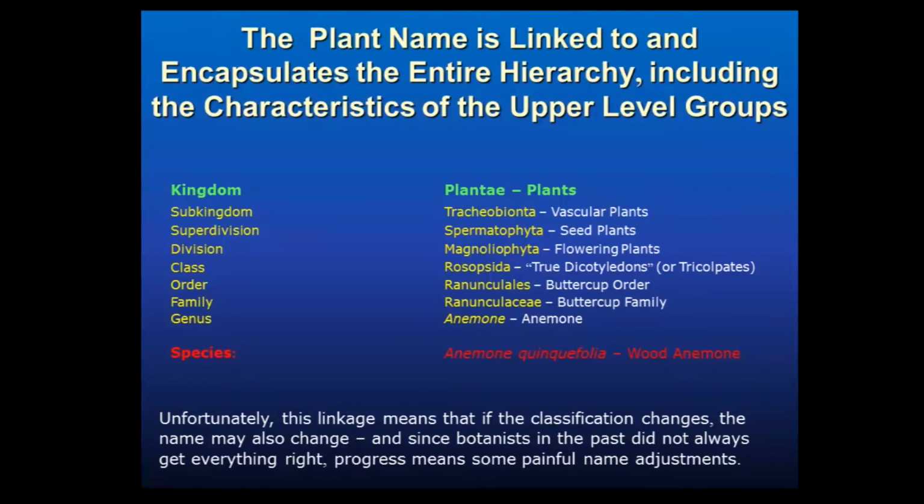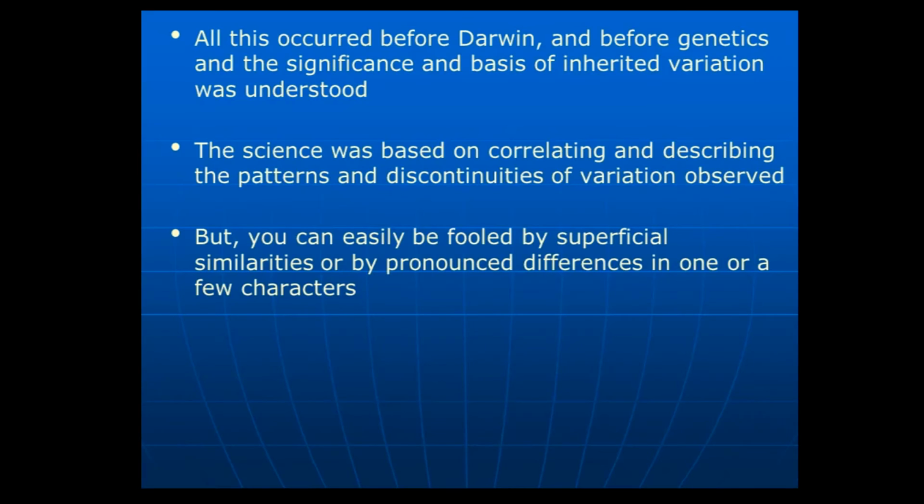And one thing that I like to point out is all of our modern nomenclatural and taxonomic things we see build on the genetic relationships of plants and how they are intertwined with each other in their relationships. But this classification actually occurred before Darwin, before genetics was understood, and before we understood how inherited variation drives evolution.